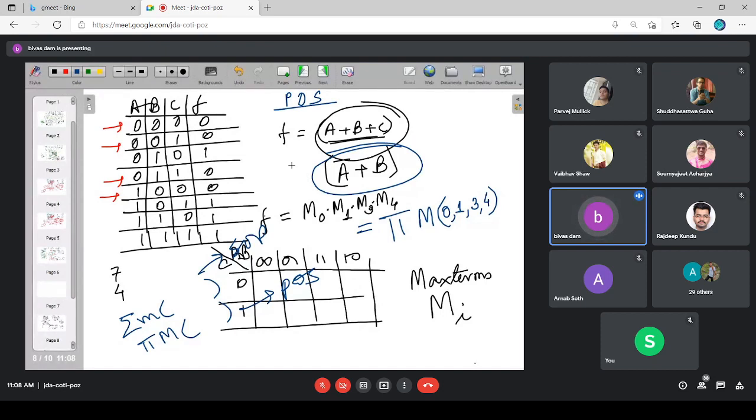So that cannot be one max term. But this is one max term, because only 1 cell in the Karnaugh map will get occupied by 0, and all other cells will get occupied by logic 1. Okay, so hope these things are clear.